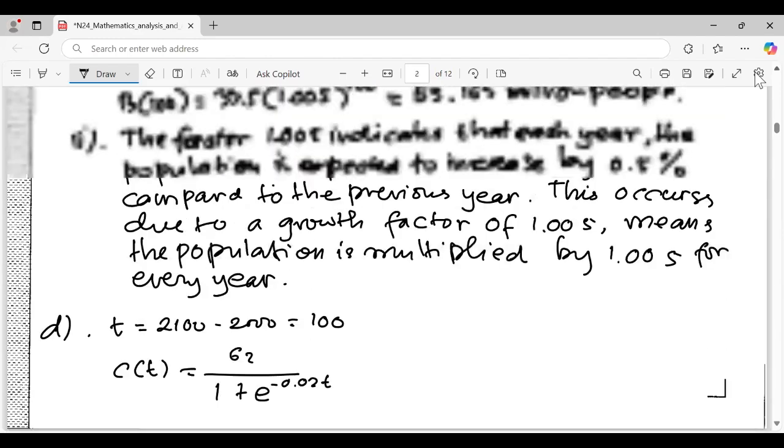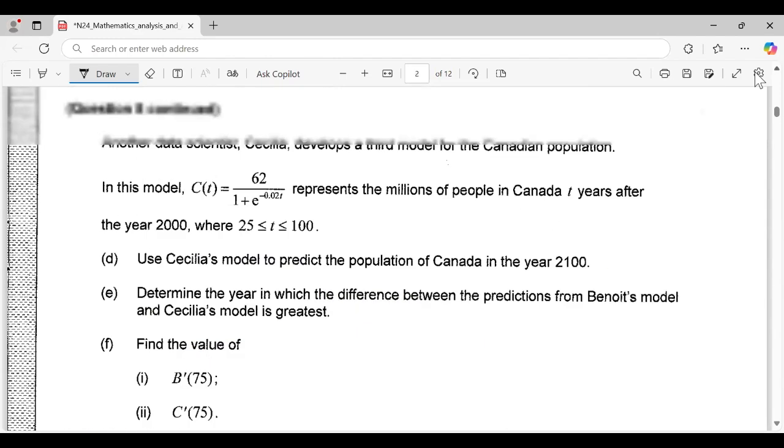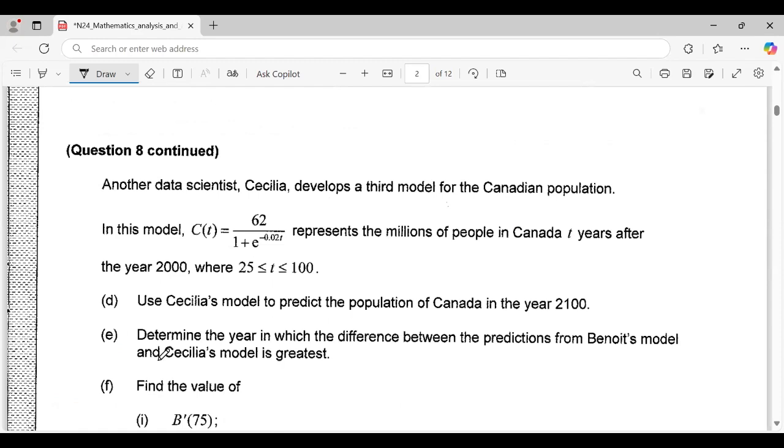This is part D. What else? In which year is the difference between the predictions from Benoit's model and Cecilia's model the greatest? Okay.